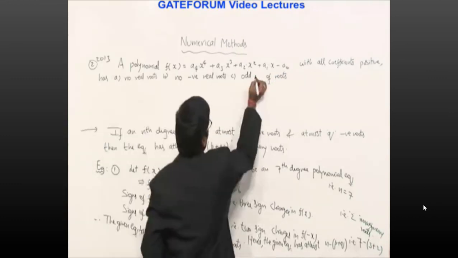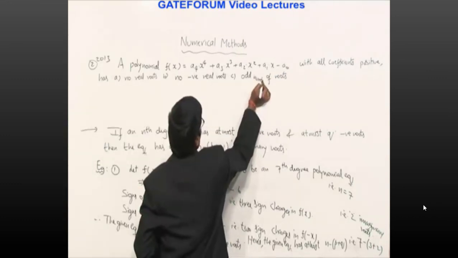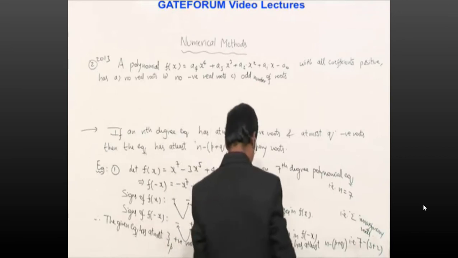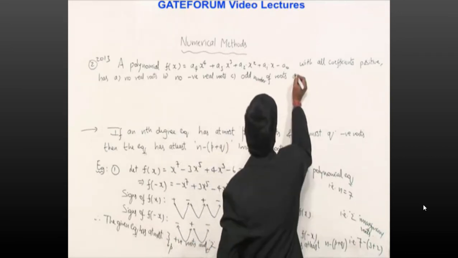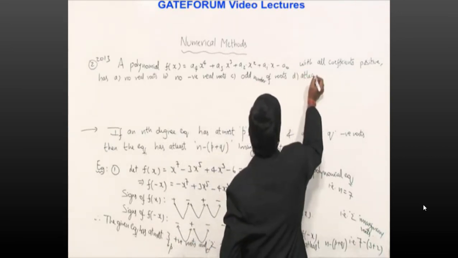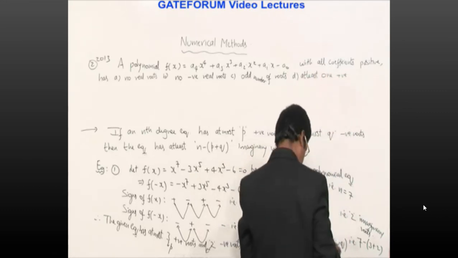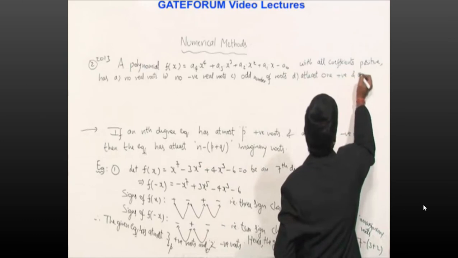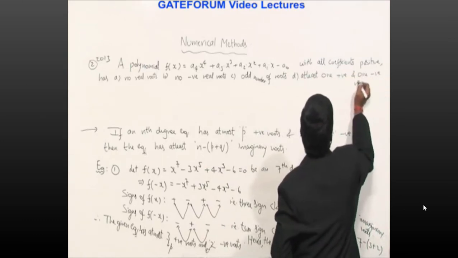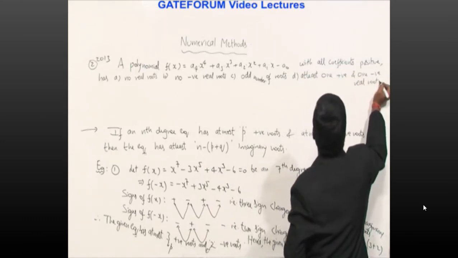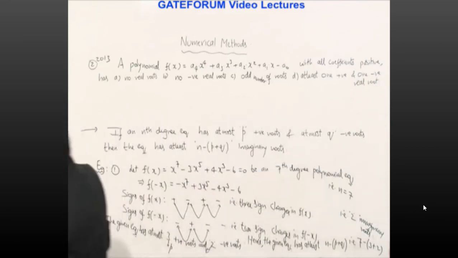Better to write number, full word, full form. Odd number of roots. Option D, at least 1 positive and 1 negative real root.